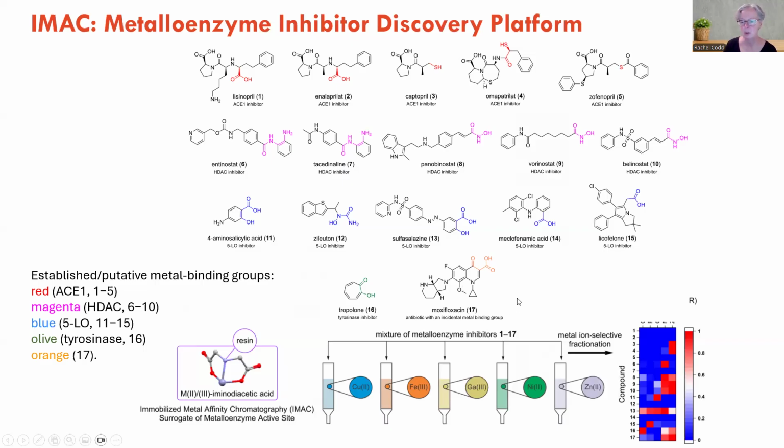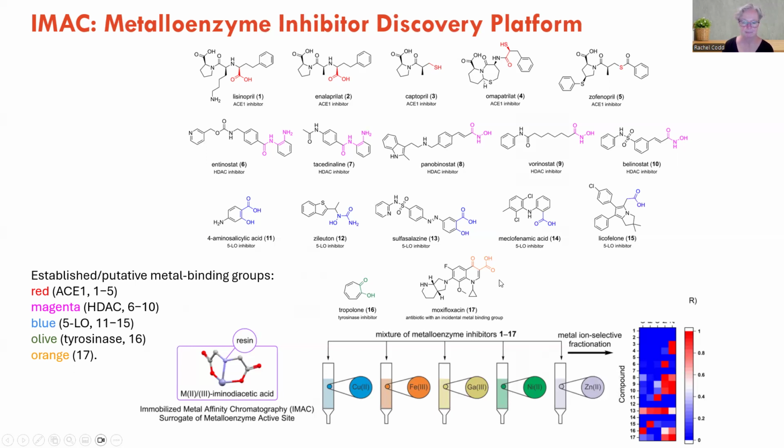So these compounds, 1 through 16, contain functional groups that are known to bind metal ions, and that is important to their function. Compound 17 doesn't have a known metal ion binding purpose in its function, but it does contain a motif that we would recognise as having the capacity to bind a metal ion.